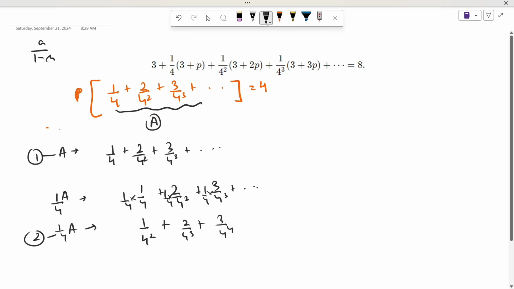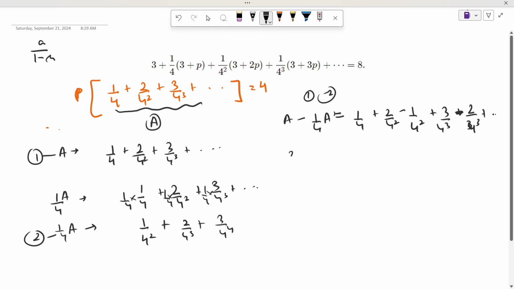So if we subtract both of the equations, 1 minus 2, so A minus 1 upon 4A would be equal to 1 upon 4 plus 2 upon 4 square minus 1 upon 4 square plus 3 upon 4 cube minus 2 upon 4 cube, and so on.